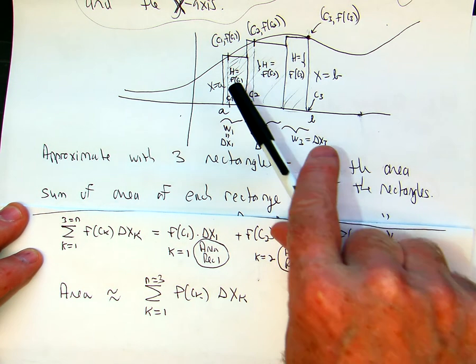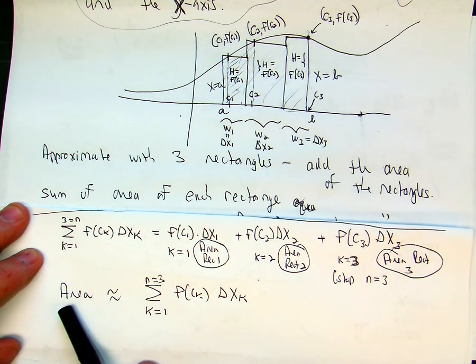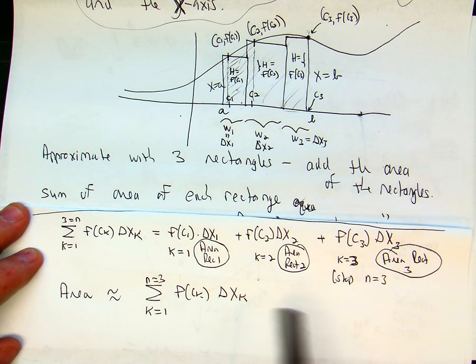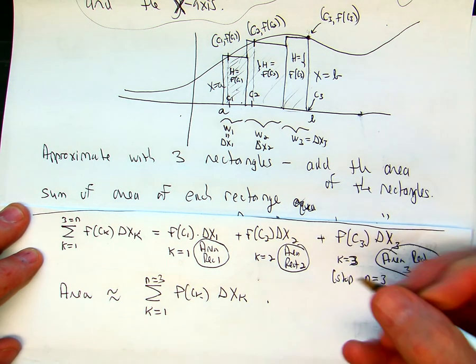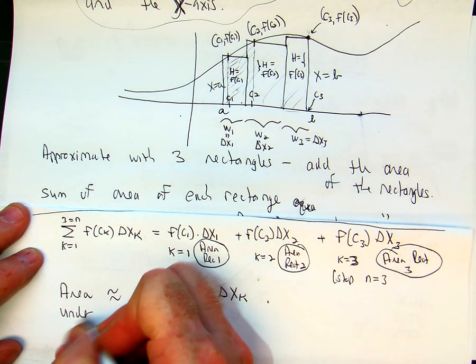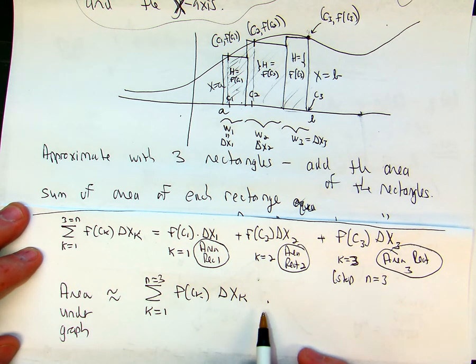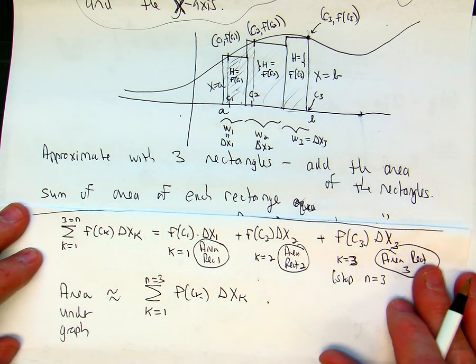In other words, the area under the graph is approximated by this summation. That's the main point that I want to make. Okay, makes sense? I hope it does.